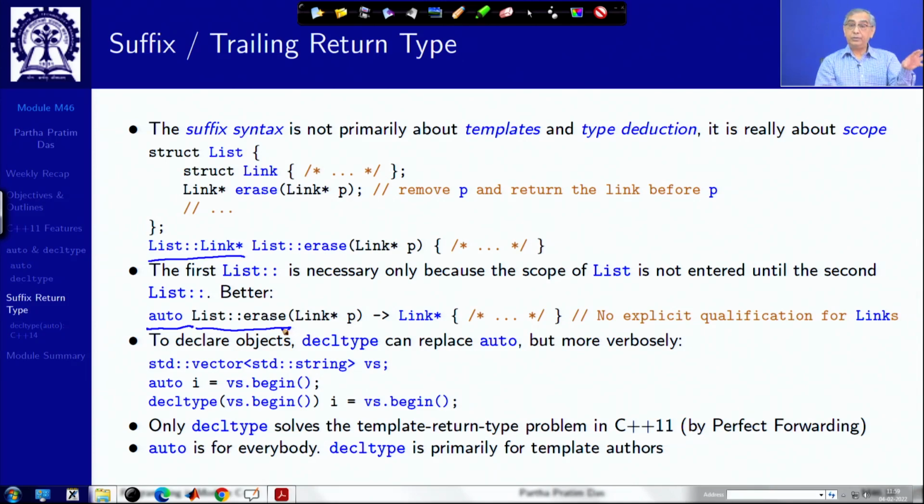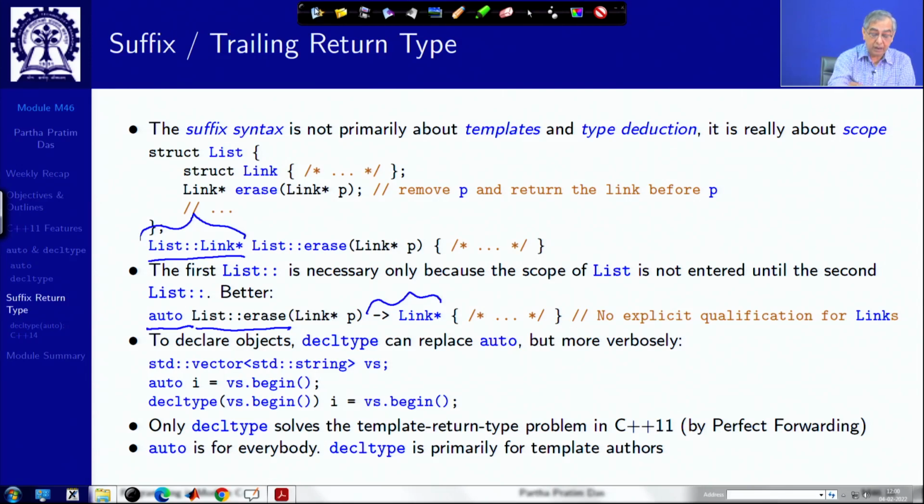You write auto because this is necessarily the return type, and then you put the return type as a suffix, pointer link star. So, there is no specific qualification for the link that you need, because the compiler will be able to deduce that from the suffix notation itself in the auto, right.